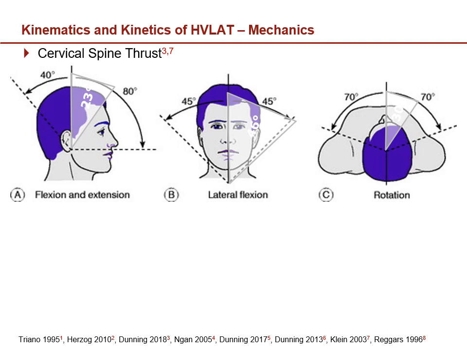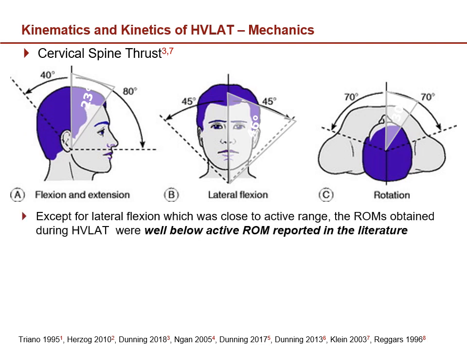Besides lateral flexion, there's a considerably small percentage of the available range and the natural physiological range of motion of the neck that is taken up in each of the sagittal as well as the transverse planes.